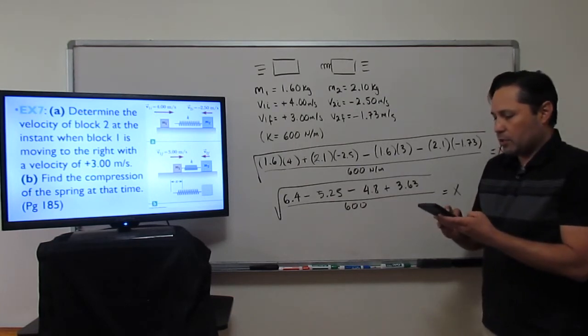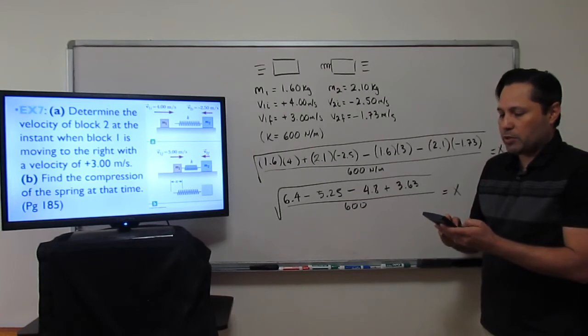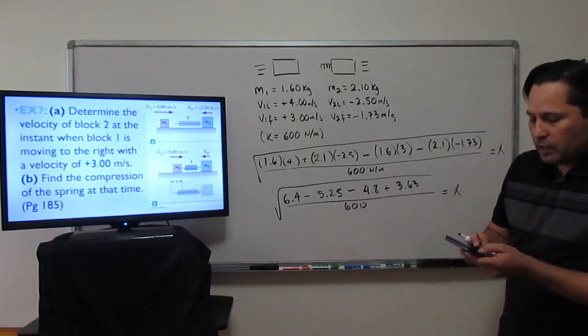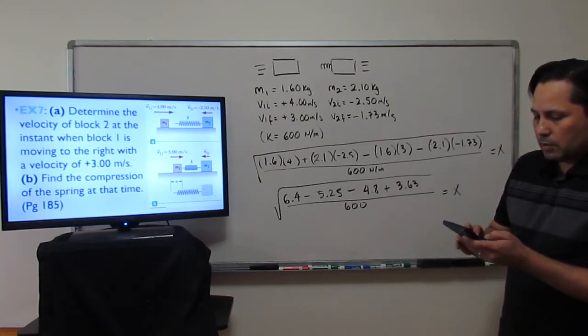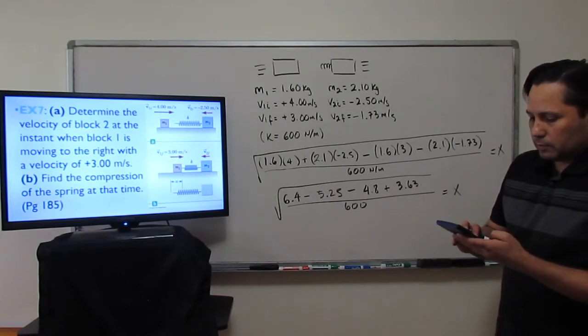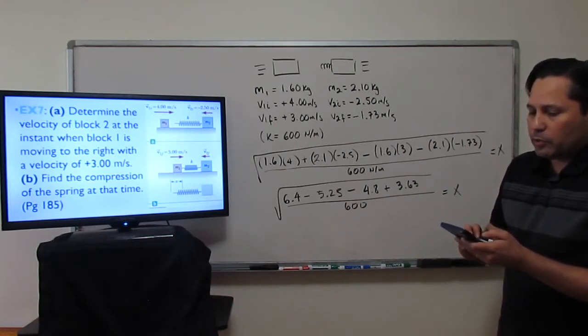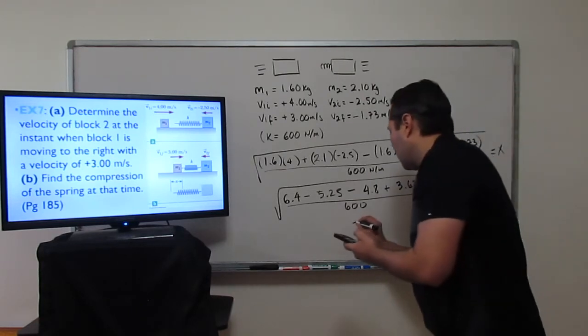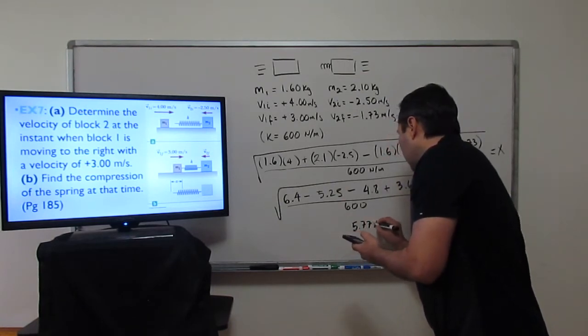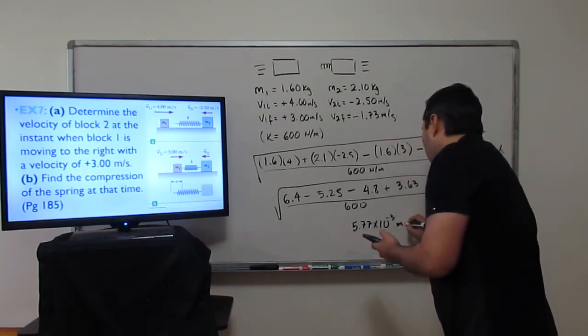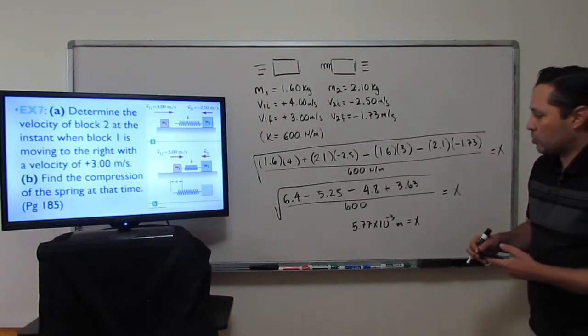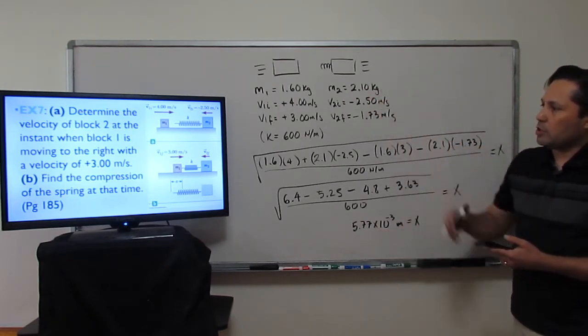All of it divided by 600 gives me 0.333 times 10 to the negative 5, square root of that answer gives me 5.77 times 10 to the negative 3 meters. That is the compression of the spring for this problem.